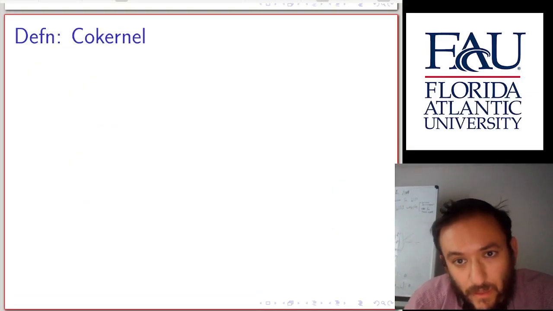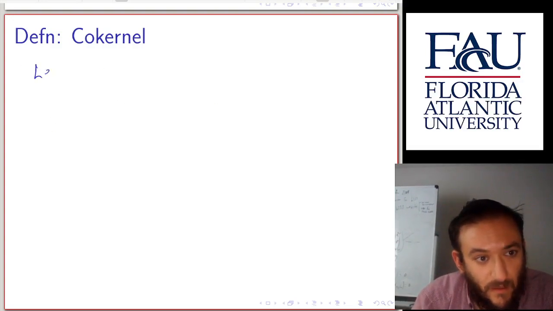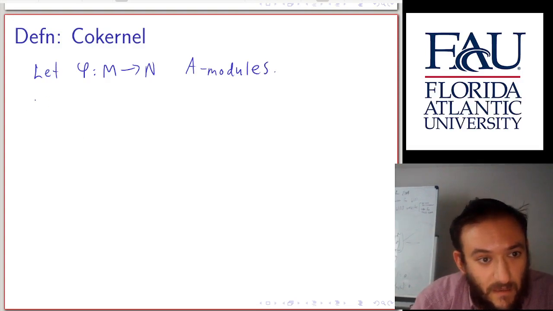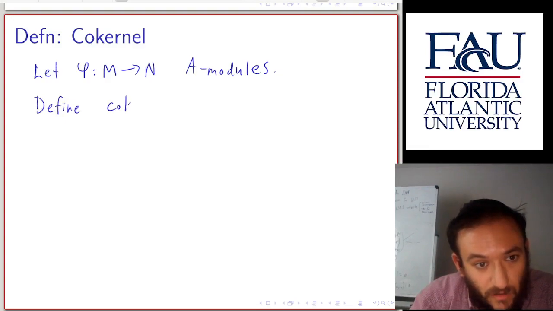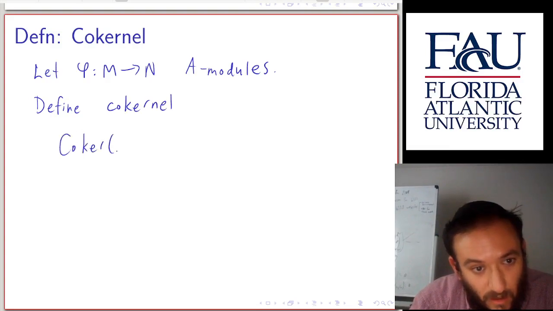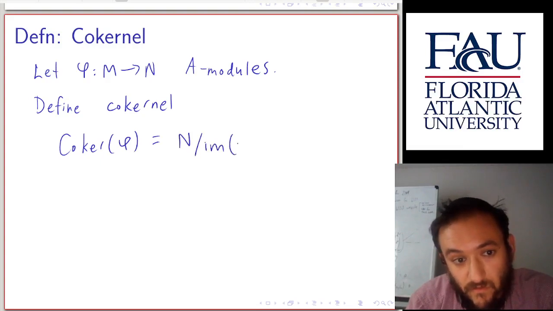Okay, so now that we've defined quotients, we can define the cokernel of a homomorphism. So if we have, again, phi from M to N, a module homomorphism, and these are both A modules, and then if we take the quotient, so define the cokernel, written coker of phi, to be equal to N modulo the image of phi.